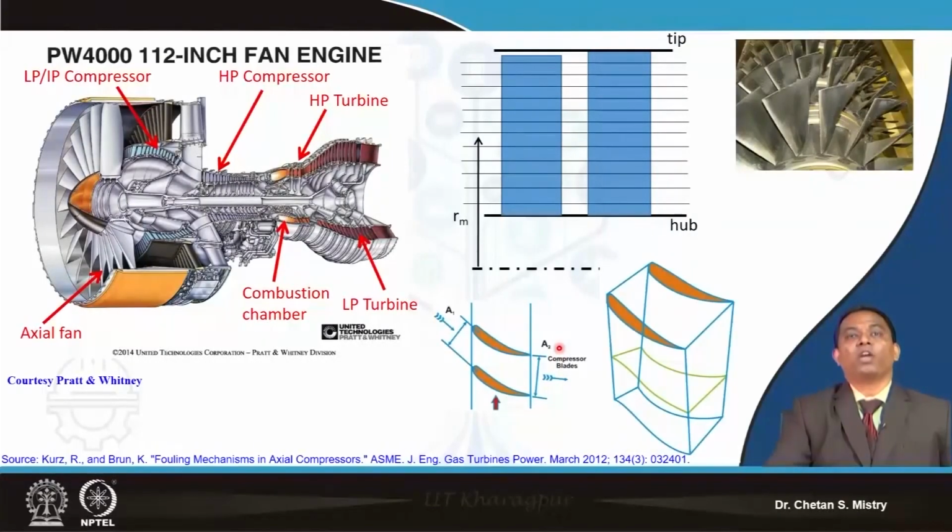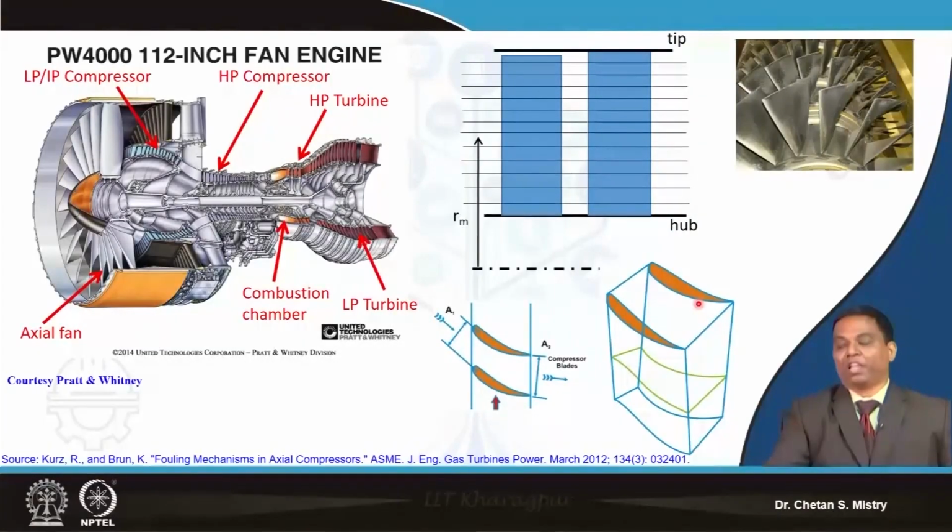Now if I put these blades together, with the passage in between, this is my hub section, my mid section, and this is my shroud section or tip section. This gives you a highly three-dimensional shape within the passage. So you can understand the diffusion that we are doing in my compressor.